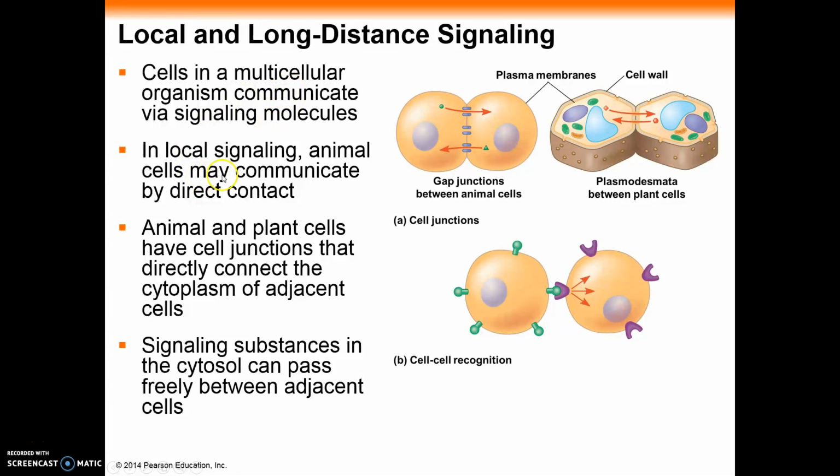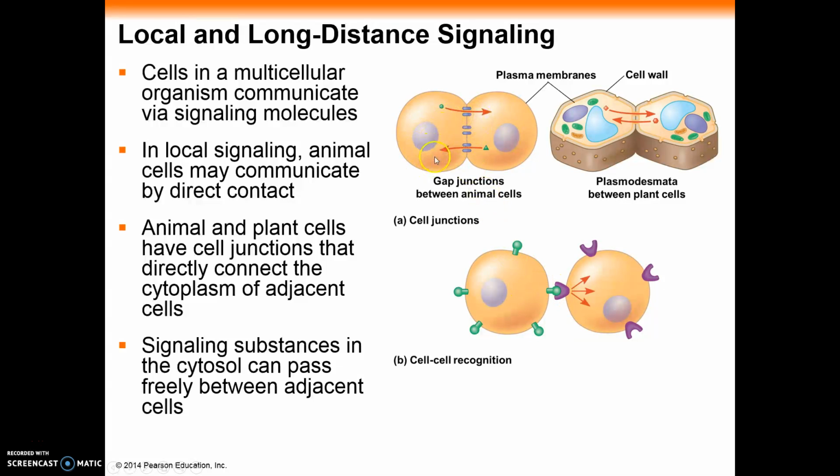So, in terms of local signaling, some animal cells communicate by direct contact. So cells are in contact with each other and they can send these signals across to each other.